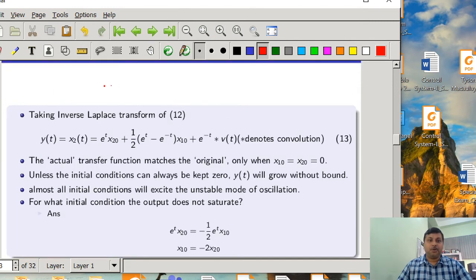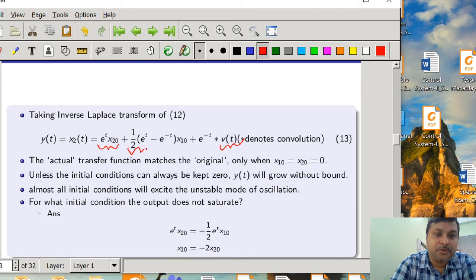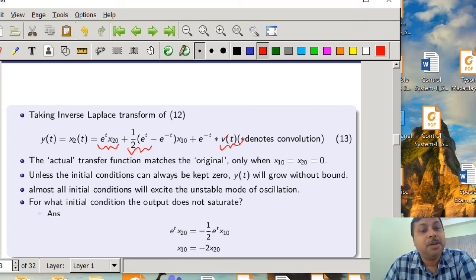Now closely observe this equation number 12. You find that even if the input v(t) is bounded, the output is no longer bounded, because it is going to grow due to the term e to the power plus t times x2(0), and also half e to the power t times x1(0) is present. Due to these two terms, even if your input is bounded, the output is going to be unbounded.